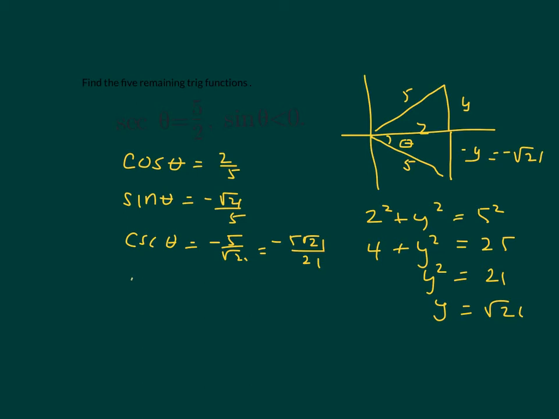Okay, so that just leaves tangent. Tangent we know is opposite over adjacent, so that gives us negative root 21 over 2. And then its reciprocal function cotangent would be negative 2 over root 21, but we rationalize to get negative 2 root 21 over 21.